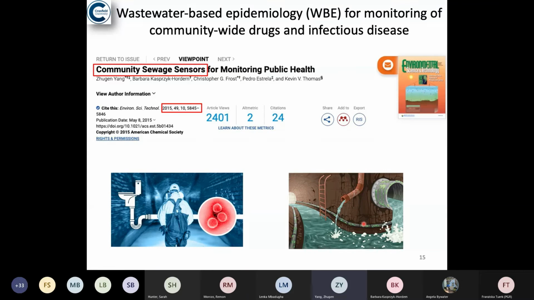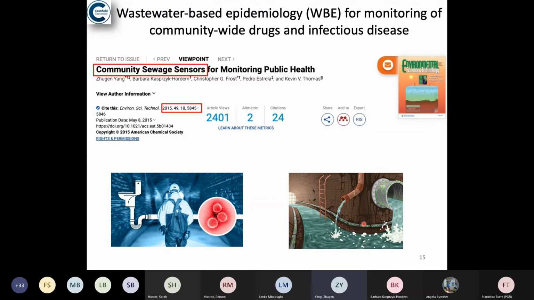Dating back five years ago, we proposed these ideas and published in ES&T papers on using community sewage sensors for monitoring public health, including chemicals such as illegal drugs and pharmaceuticals, but also some pathogens associated with infectious disease.